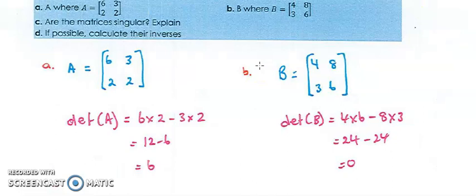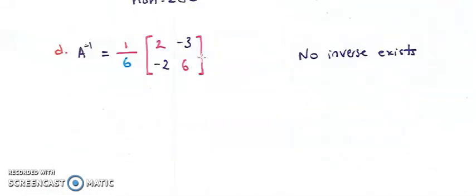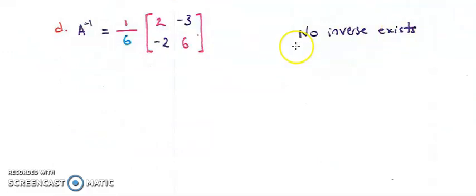And the last question, if possible, calculate the inverse. We can't calculate the inverse of matrix B because the determinant is 0, but we can determine the inverse of matrix A. This is going to be 1 over 6 because the determinant is 6, so 1 over 6 is used as a scalar multiplied to the matrix where A and D get swapped around.